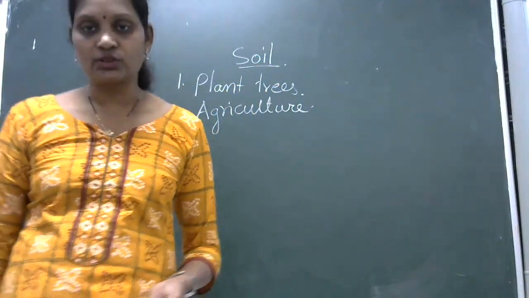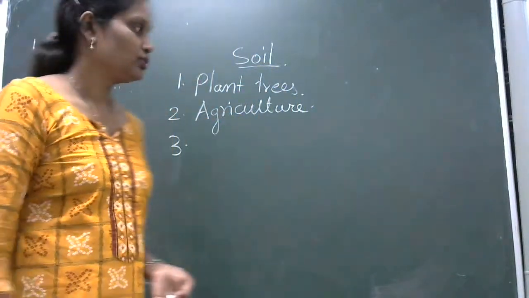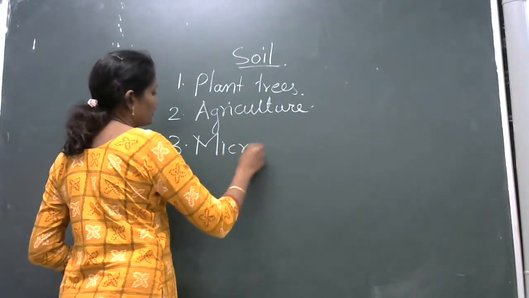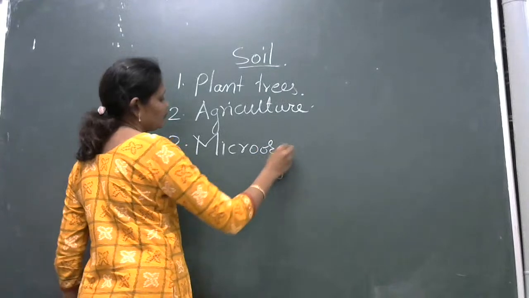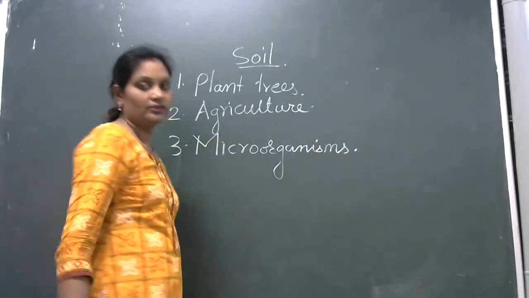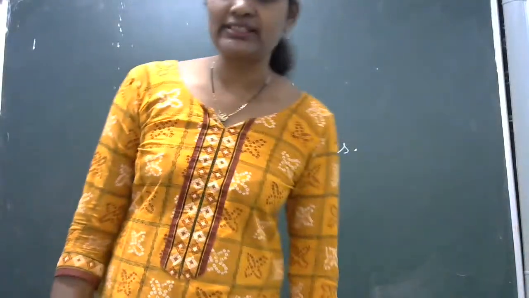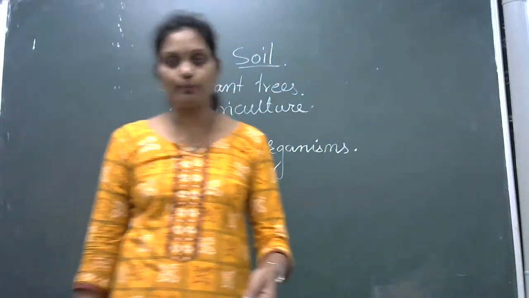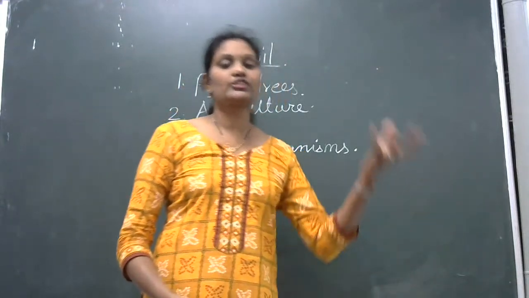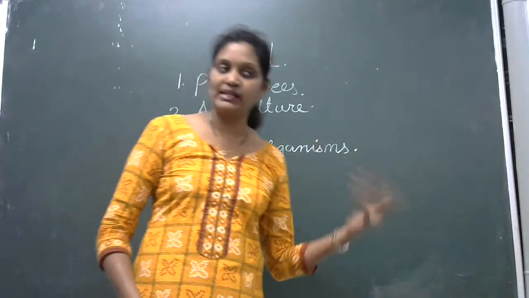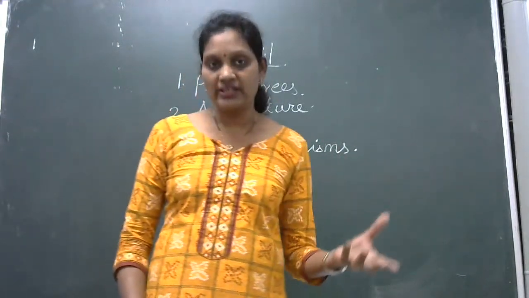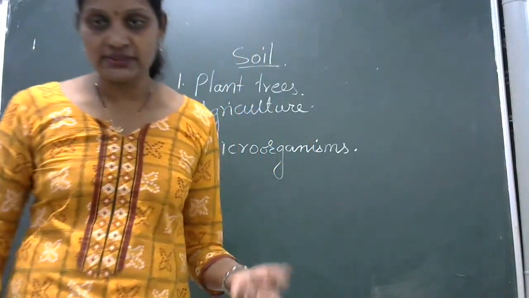It contains earthworms. Yes. So we can write down microorganisms. That means it contains the microorganisms that help to increase the fertility of the soil, that helps the plants by providing various kinds of fertilizers.